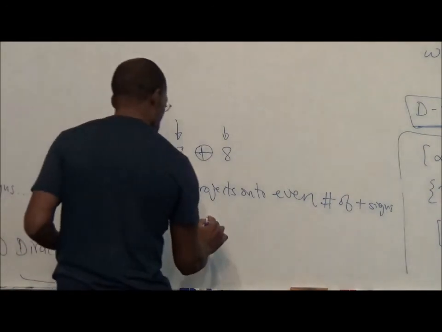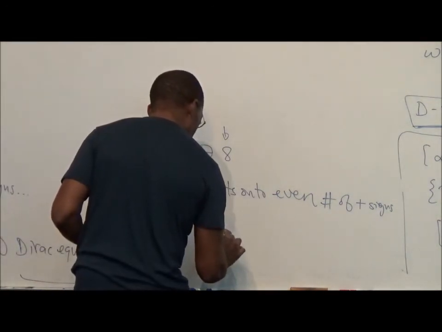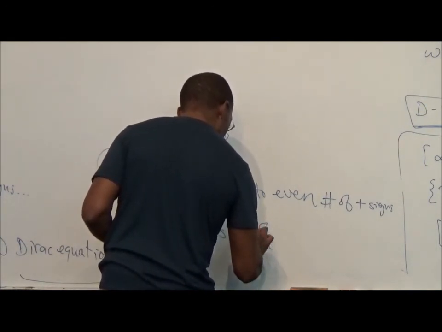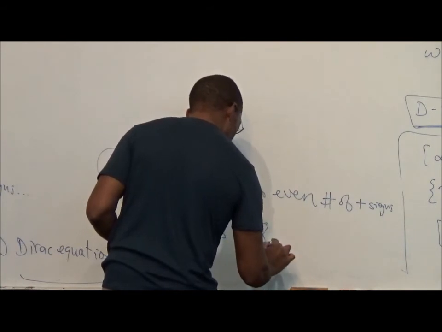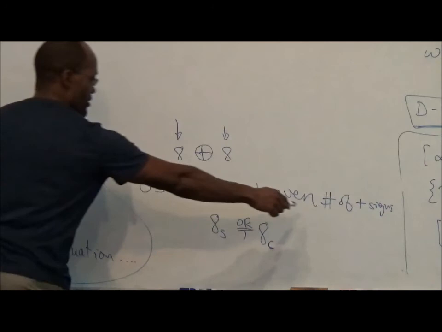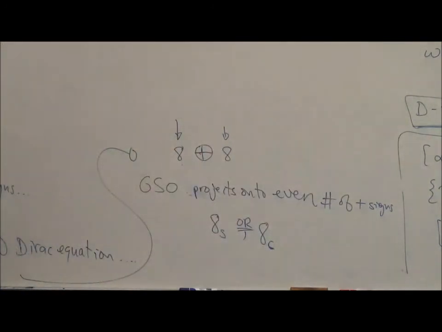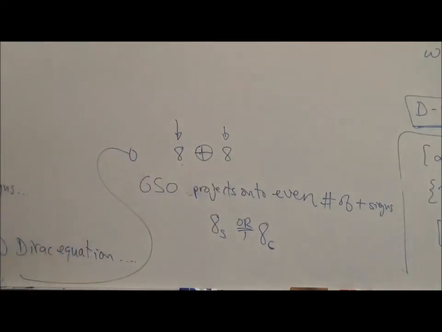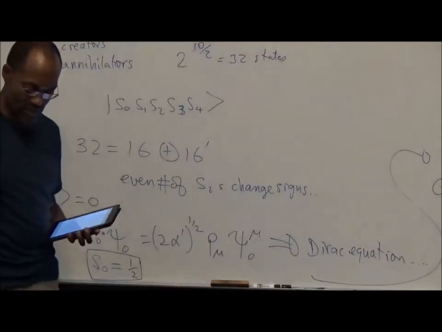So I have one choice which I can call the 8S, and then there's the equivalent choice which is called the 8C, the conjugate one, built out of the other decomposition of those S's.